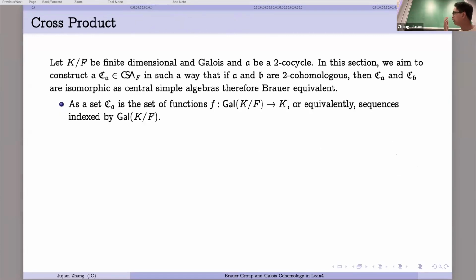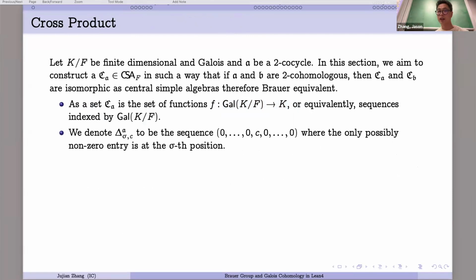And now we are going to do the other direction. So if K over F is a finite dimensional Galois field extension, and this Gothic A is a two cocycle, we want to construct a central simple algebra that is a good representation. The central simple algebra we'll be using is the set of functions indexed by the Galois group.